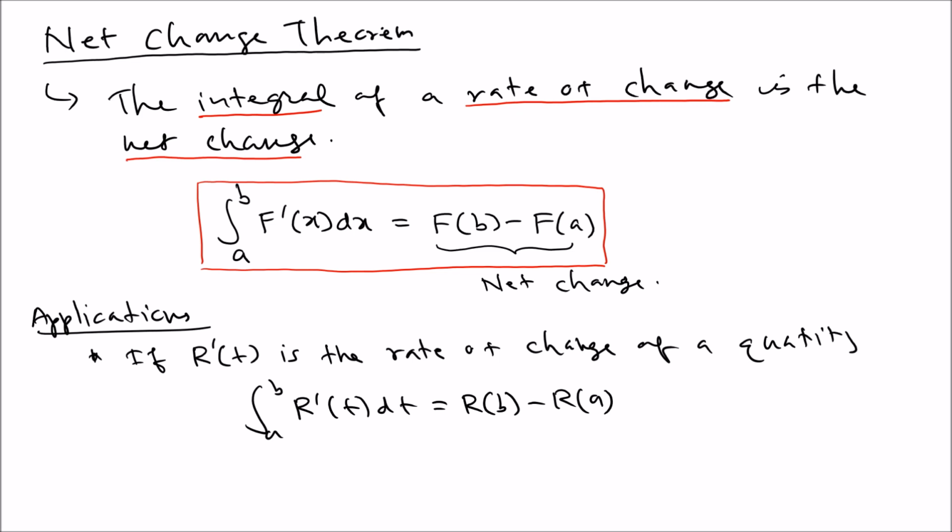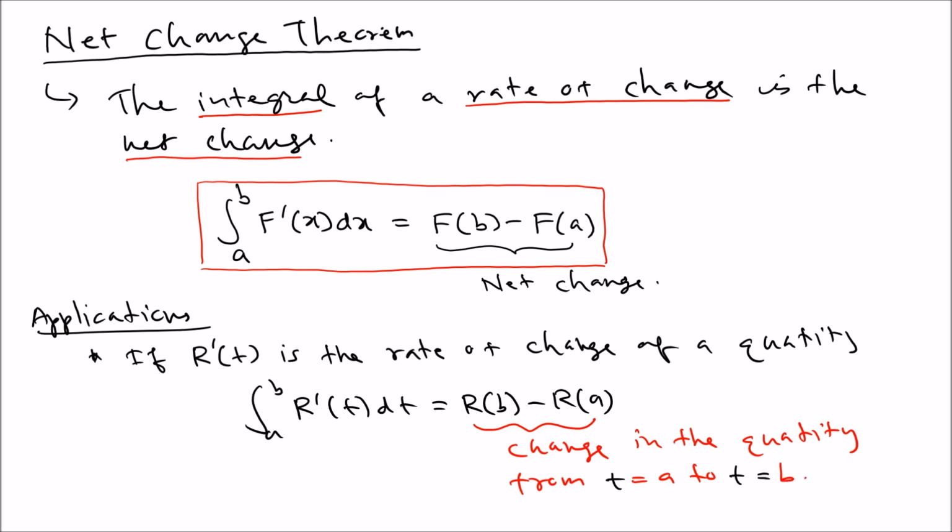So if you explain this, this is the change, because from a to b, that's a change. So the change in the quantity, let's say x is a variable, from t equal a to t equal b.